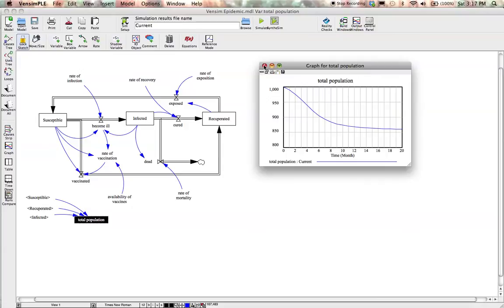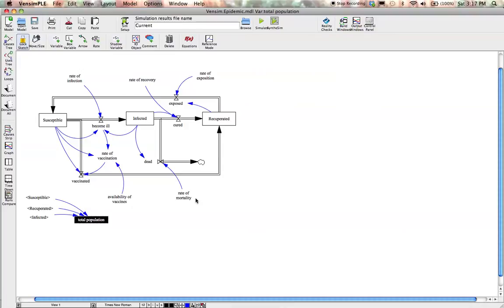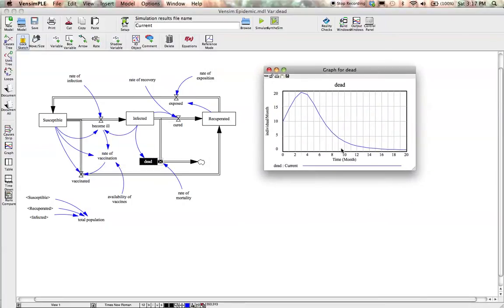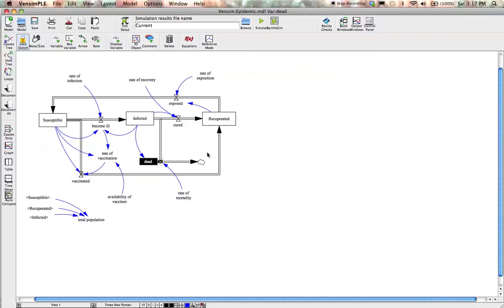We can look at the number of deaths here. There are about 10 people dead, and then it goes up to 20, and then it sort of flattens out until the end. Very few people are dying, but it does add up to the 100 plus people that were lost in the process. Okay.